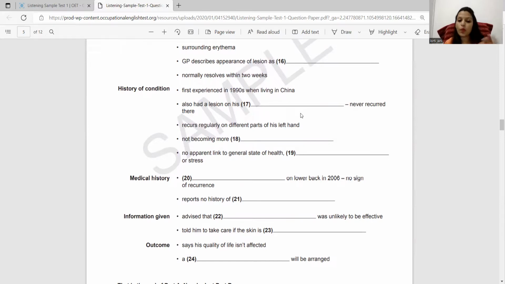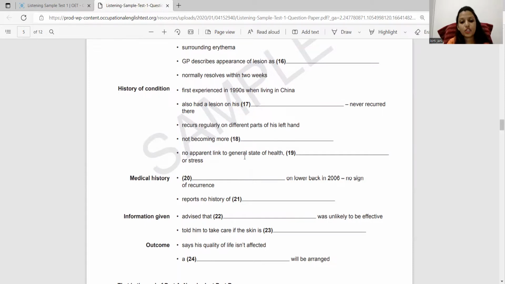Okay, lesion somewhere else. Never recurred there. Not becoming more dash. So this answer can be more susceptible, not becoming more susceptible, more frequent, more often. So you need to think about the possible answer.